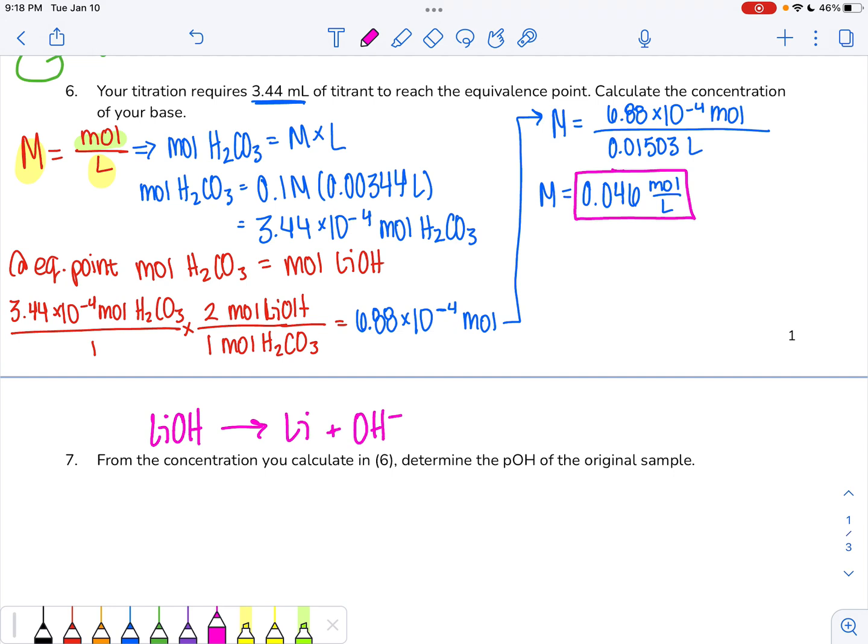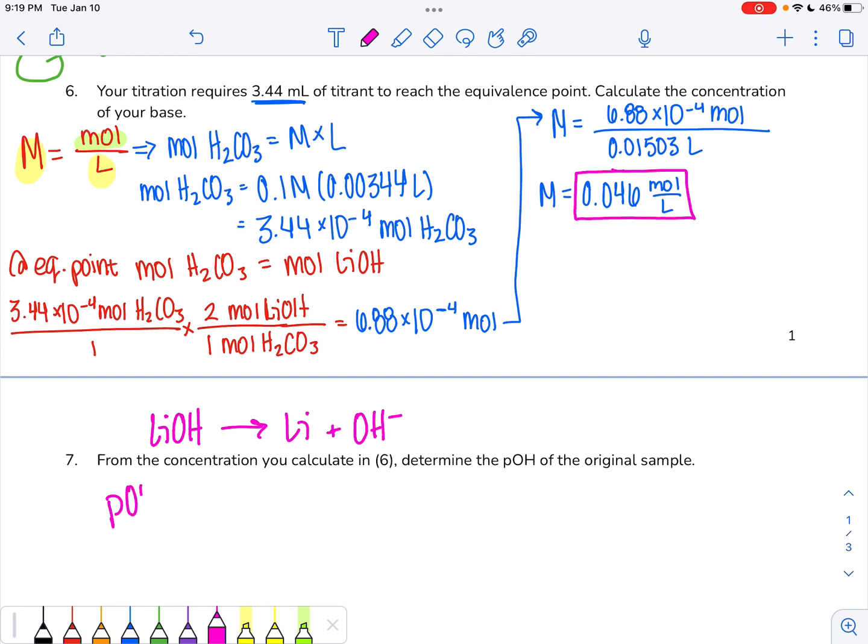So in our original solution here, we have a bunch of hydroxide ions floating around. This means the concentration that we determined in number 6 is dealing with the concentration of OH minus. So if the concentration of our lithium hydroxide is 0.046, because this completely dissociates, we can say that the concentration of hydroxide is about 0.046, essentially the same.